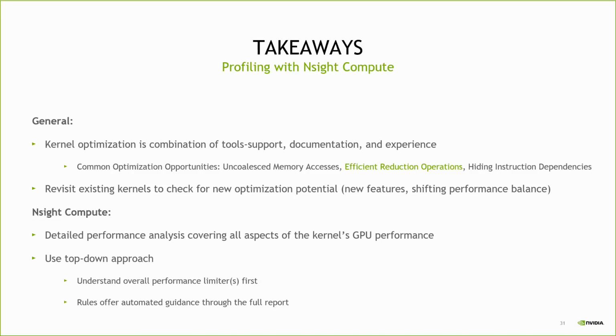And then for Nsight Compute specifically, I hope I could show you that all these changes could be identified in those reports. If you understand your limiters, go from a high level to a low level through that report, follow the rules and go step by step, hopefully it guides you in that direction where you can make the next change and find the next performance benefit for your kernel.